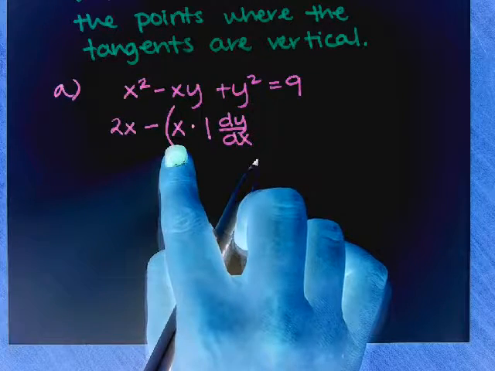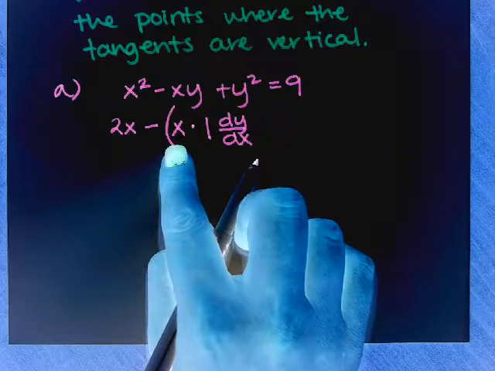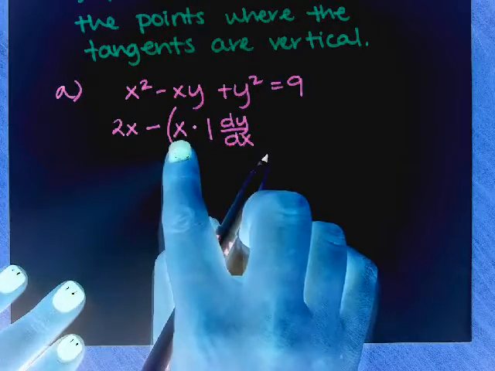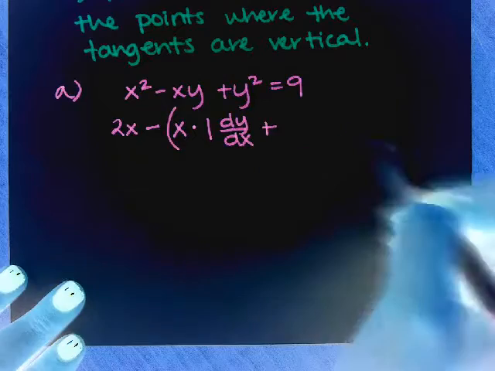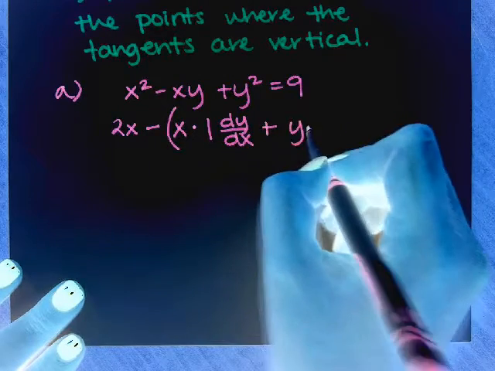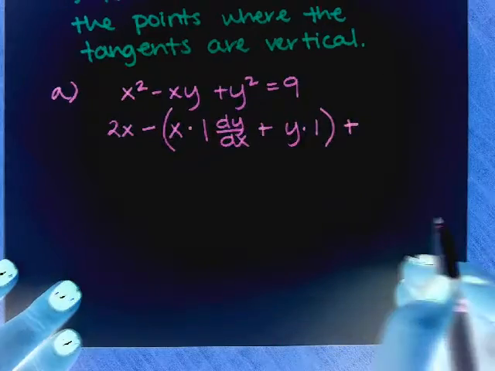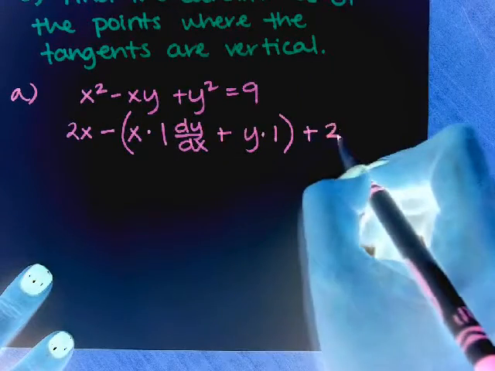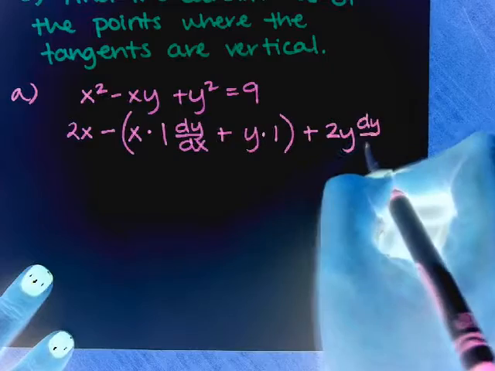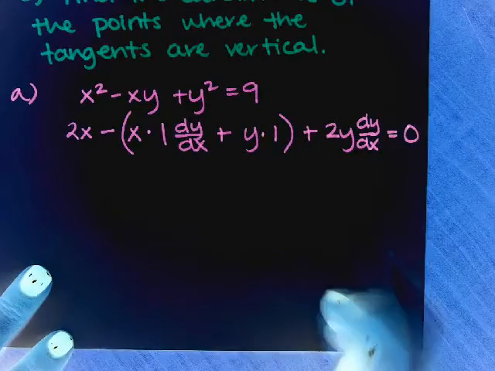You can do it in your head if you want, but you could make mistakes, all right? So first times the derivative of the second plus y, the second times the derivative of the first, all right, plus 2y dy dx equals 0.